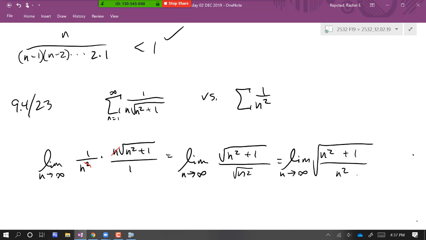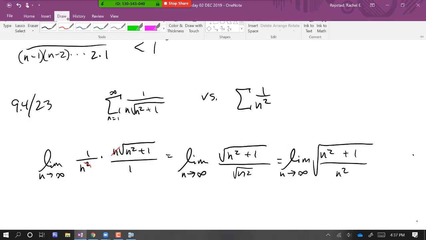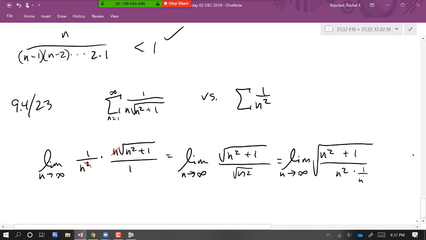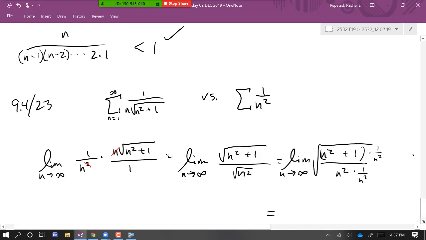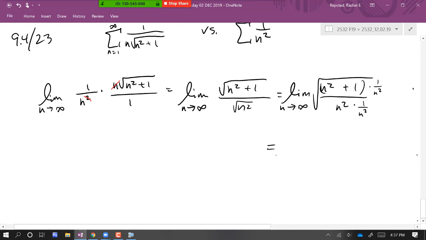You can't split it up over addition in the bottom. But even if you had it flipped, you could multiply top and bottom of that fraction by 1 over n squared, like take this approach. And then we get 1 plus 1 over n squared over 1.